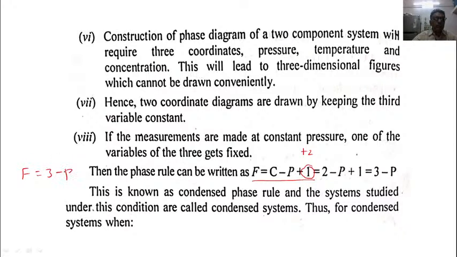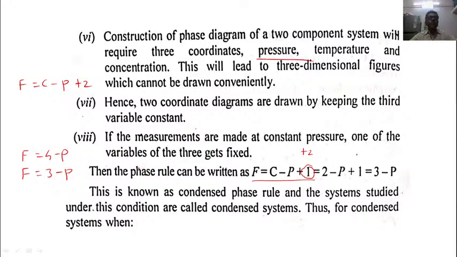And what is the initial phase rule? F is equal to 4 minus P, according to F equal to C minus P plus 2. But in case of the two component system, we suppose we keep the pressure constant, because the effect of pressure is more and more on the vapors, but on the solid and liquid the effect of pressure is generally very less.